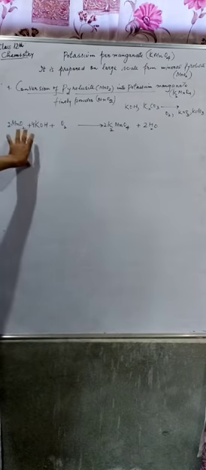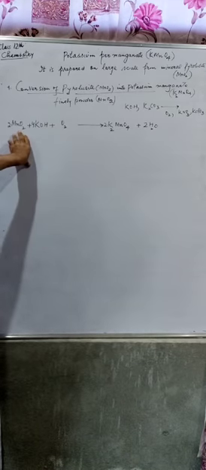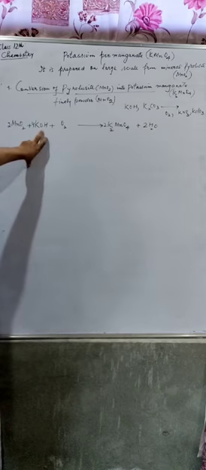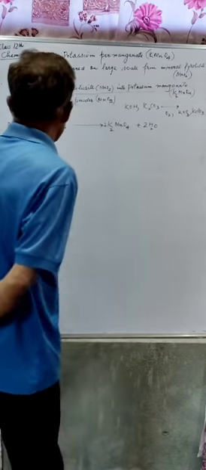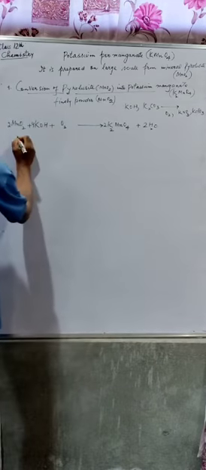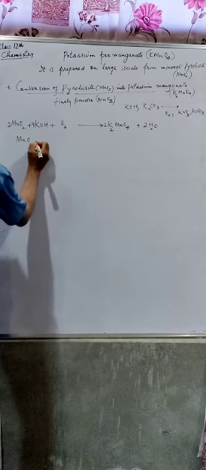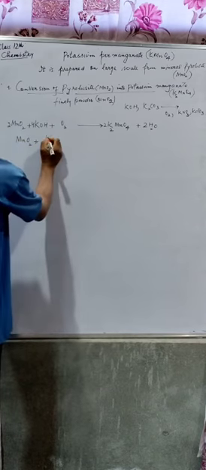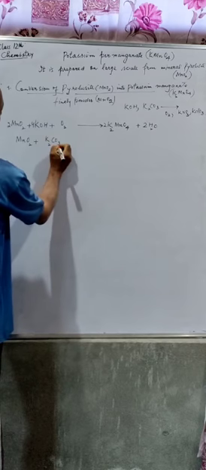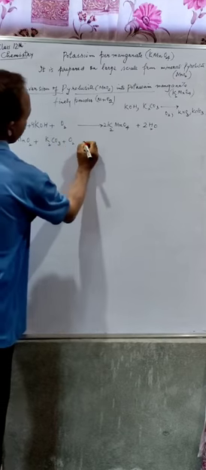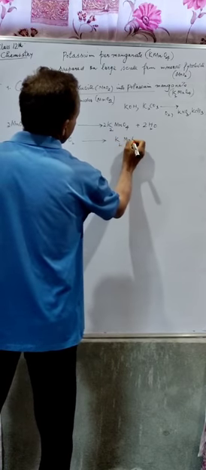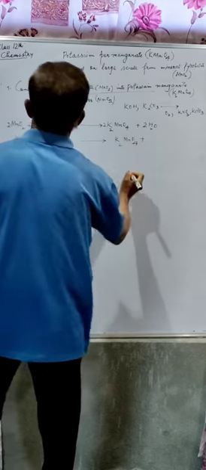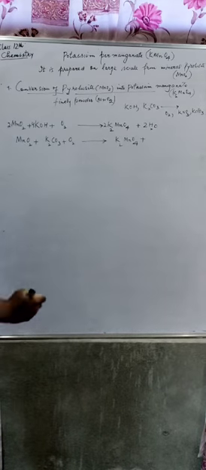Here the finely powdered pyrolusite is fused with KOH in presence of air, where we get potassium manganate, or it is fused with potassium carbonate in presence of air, and we again get K2MnO4 plus carbon dioxide.